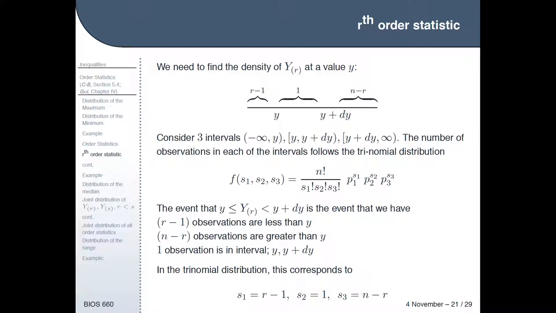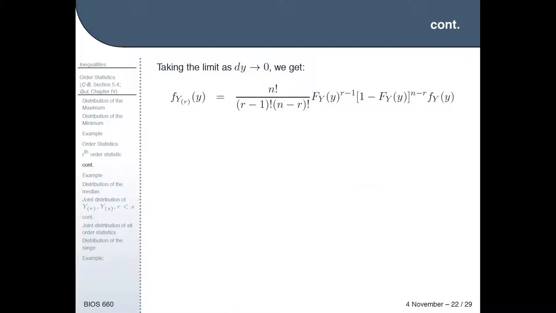In the trinomial distribution, where the counts for the three groups are S1, S2, S3, that's equivalent to saying we want the first event with probability p1 to happen r minus 1 times, the last event with probability p3 to happen n minus r times, and the event where it lands precisely in this y to y plus dy interval to happen exactly once.